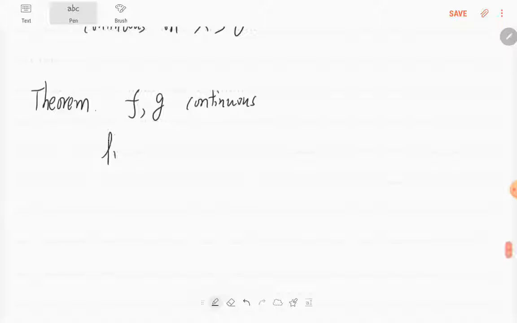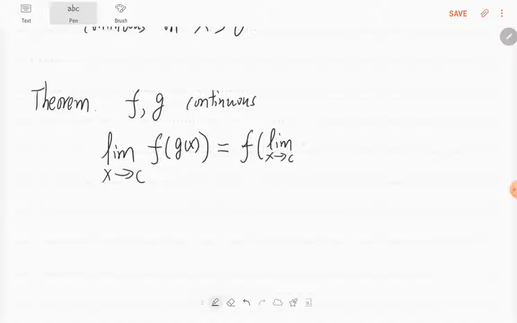Then the limit as x approaches c of f of g of x, since both are continuous functions and the composite is also continuous, you can plug in the limit, which is f of g of c.